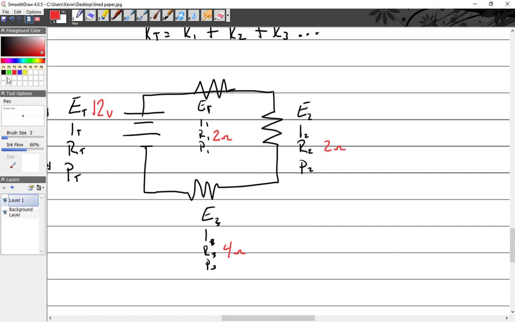And using Ohm's law. Now when I do a circuit like this and I have to figure out everything about this circuit, I write somewhere right on here E, I, and R. I make a nice E, I, R. I'm not going to worry about P right now.